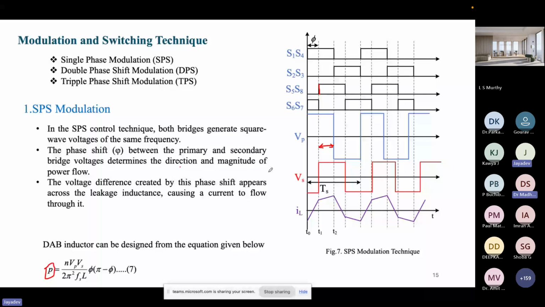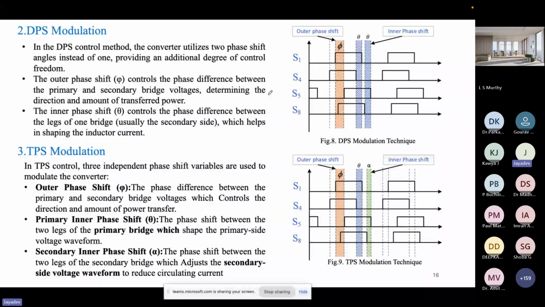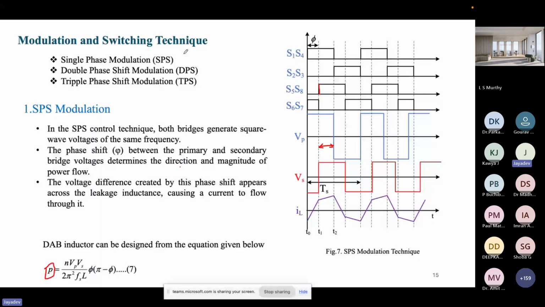In double phase shift modulation, we implement two phase shifts between the bridges. In single phase shift, we use a single phase shift between the primary and secondary bridge.